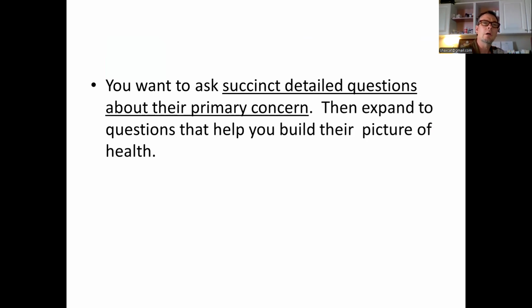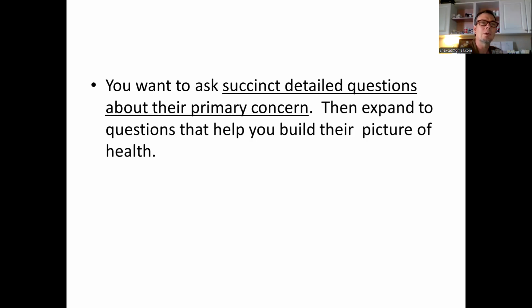So this is what you want to ask. You want to ask succinct, detailed questions about their primary concern. That's the biggest thing, is to find out why they're there. Therefore, don't be making assumptions about them and what they need or what treatment they need. You need to find out exactly why they're there.